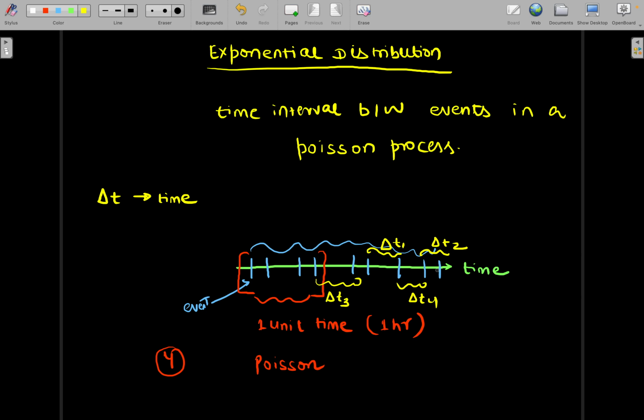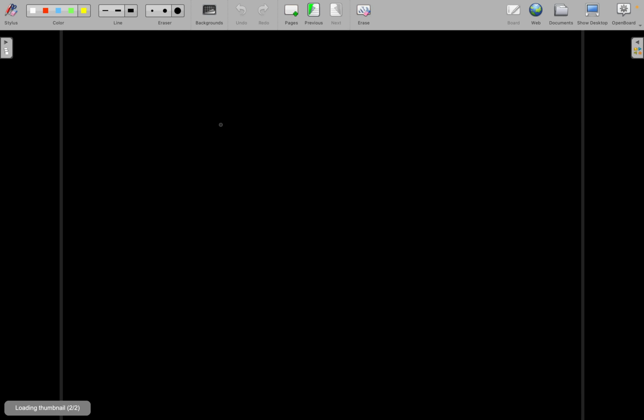There is a strong connection between Poisson and exponential distribution. If you have a Poisson process, the number of events per unit time follows the Poisson distribution, and the time difference between these events follows the exponential distribution.